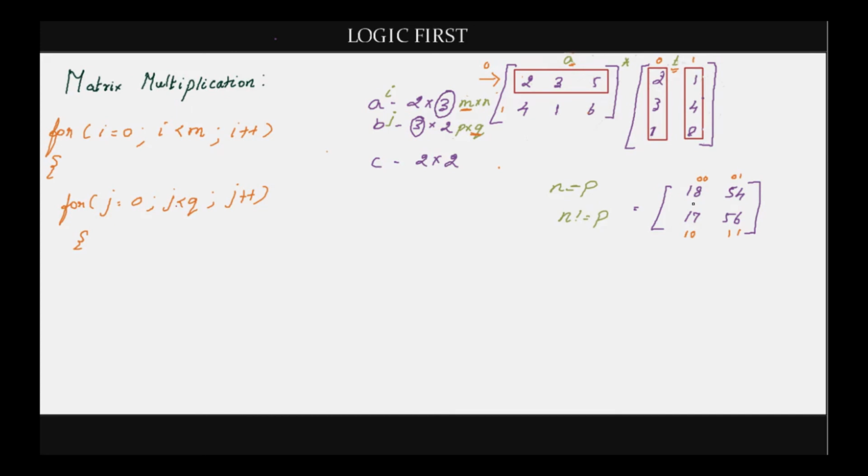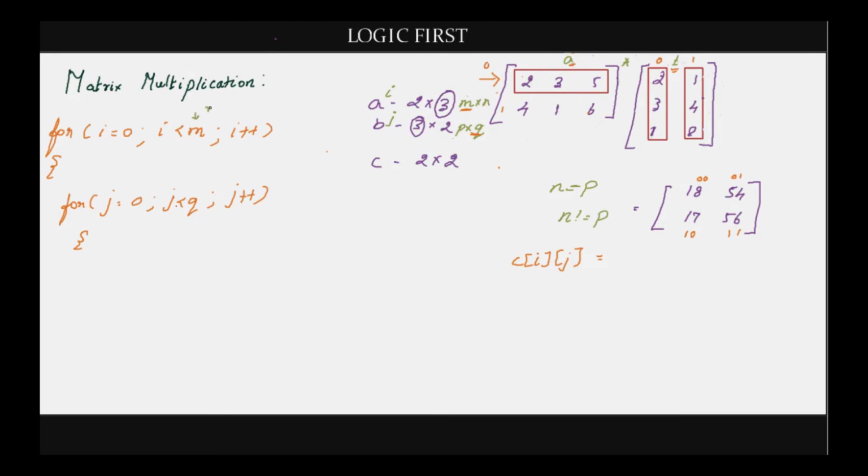So the index of the result is very easy to find. It is just C of I, J. You don't need a third variable for that. But in order to find C of ij, we need to multiply the corresponding elements, right?